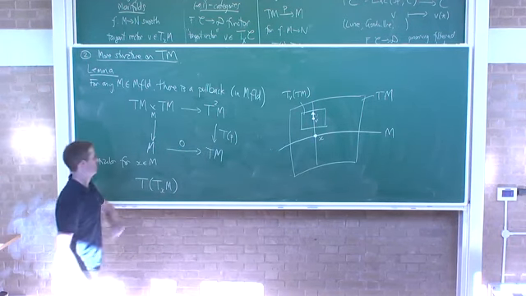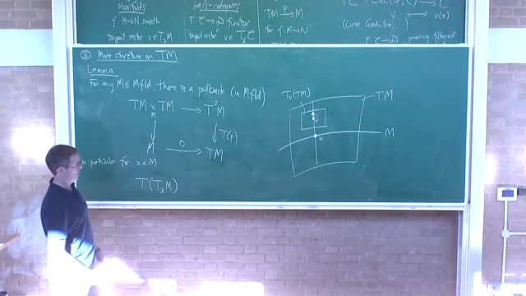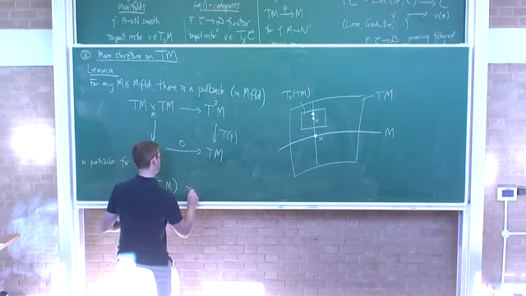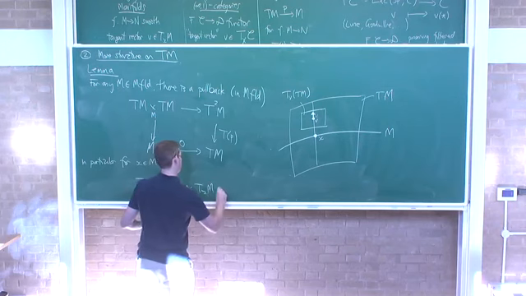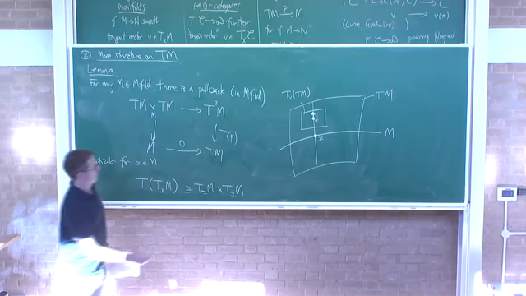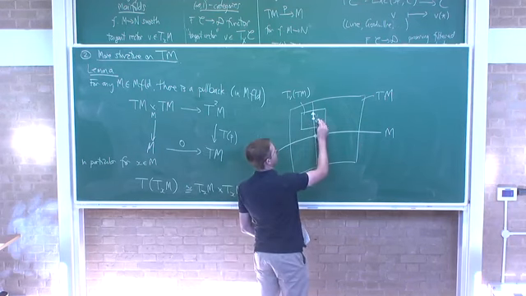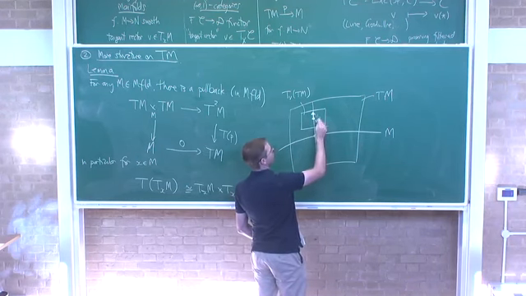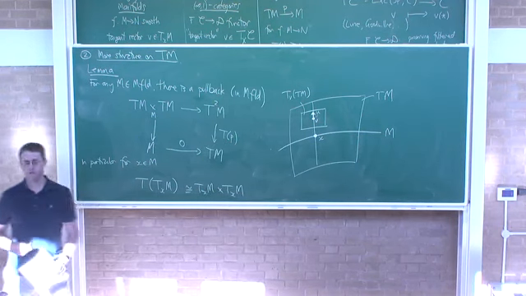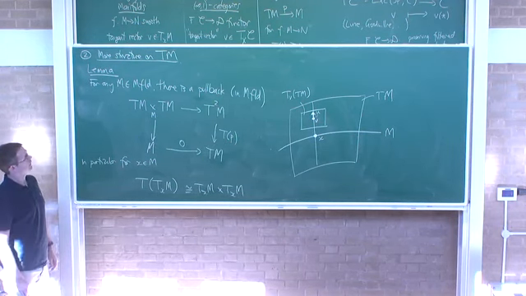And the tangent space is just a vector space, so its tangent bundle splits. It's just TxM cross TxM. So a vector here is determined by giving its base, which is v, and then some other tangent vector u. And so we have this splitting.